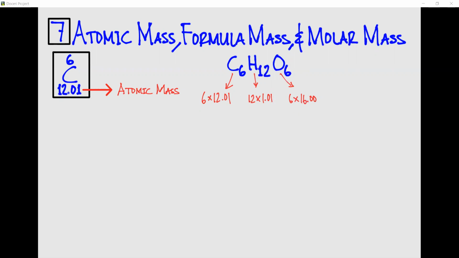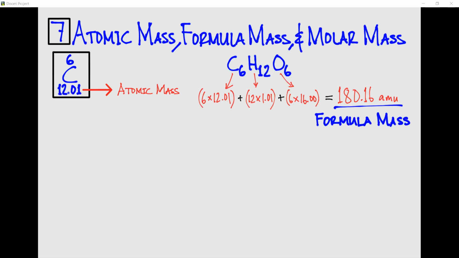And when you add them all together, you get, and so this number here, 180.16, is known as the formula mass of the compound. So glucose has a formula mass of 180.16 atomic mass units.